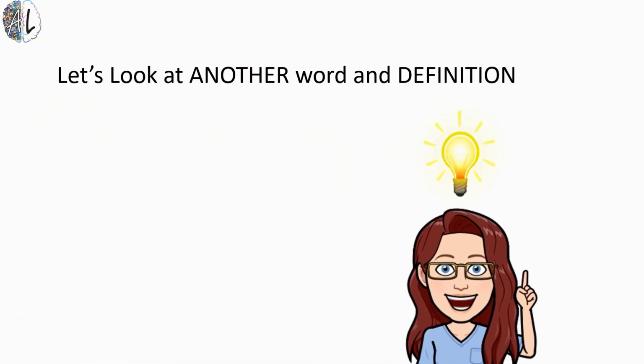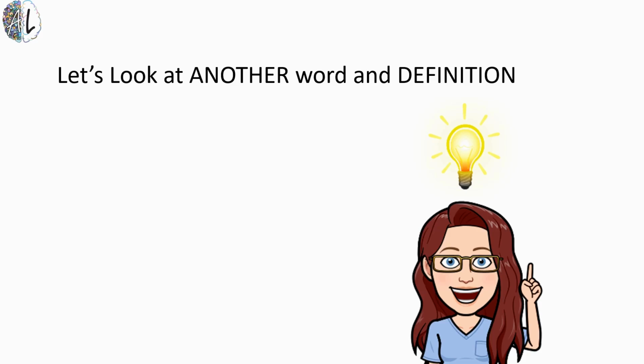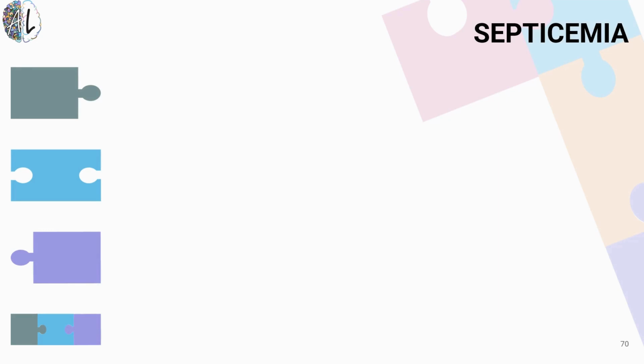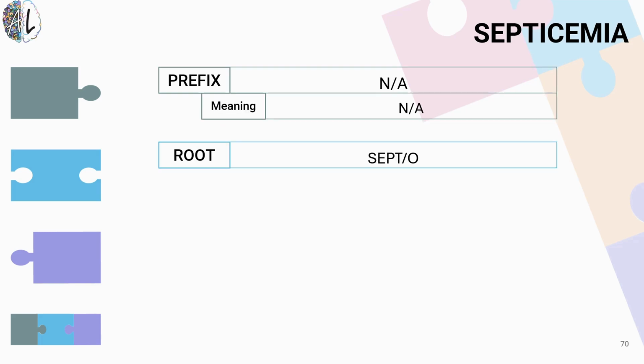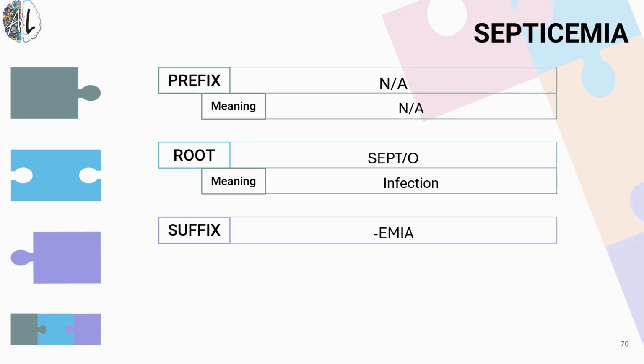Let's try another term. Next up is the word septicemia. Septicemia. Okay, we don't have a prefix in this case, but we do have the root term septo, which refers to an infection. In emia, I know there's an extra C that is for pronunciation.